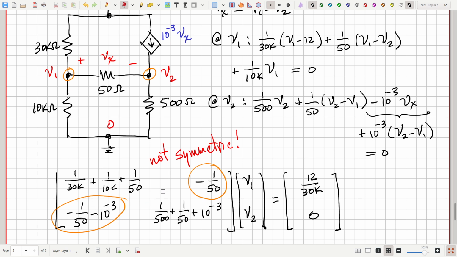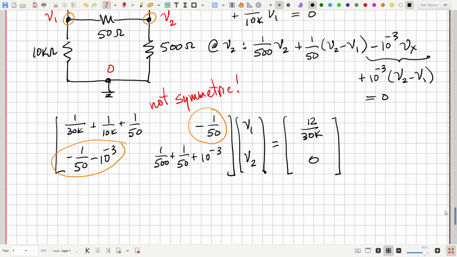So you got to keep that in mind. Okay, so then you just would solve this and plug that in. And in this case, what you get is V1 is 0.2136 volts and V2 is 0.1950 volts.